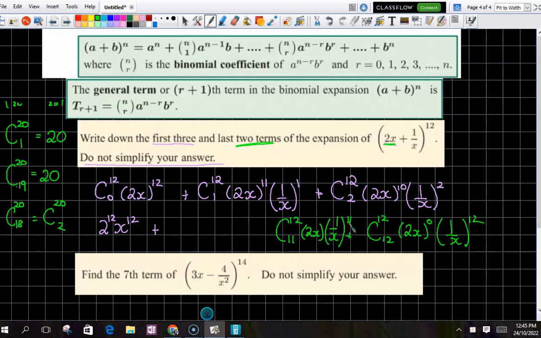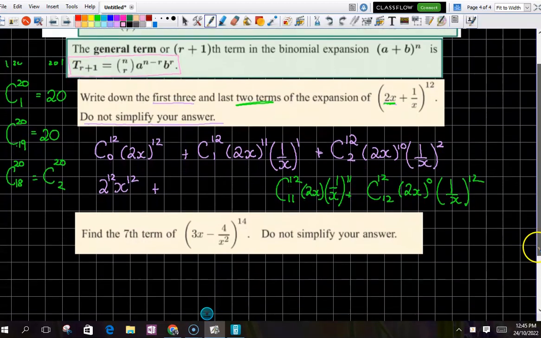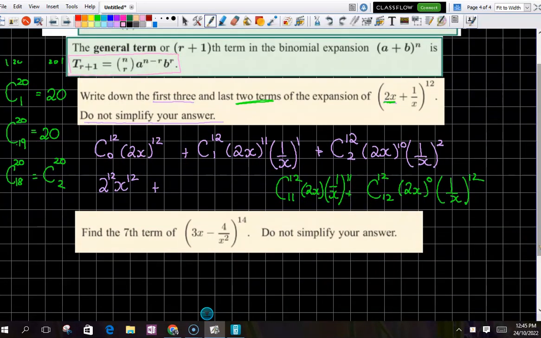Keeping in mind, hopefully you don't need notes for that one. I tend to need to look at this formula. I get mixed up with my N's and R's and all that sort of jazz. Okay? But the general term, the R plus 1th term, in the binomial expansion, (A plus B) to the N is that formula. So if we look over here, find the 7th term.